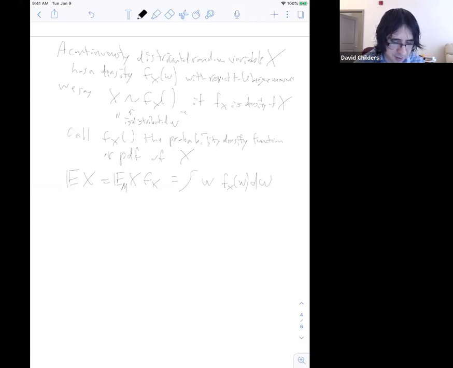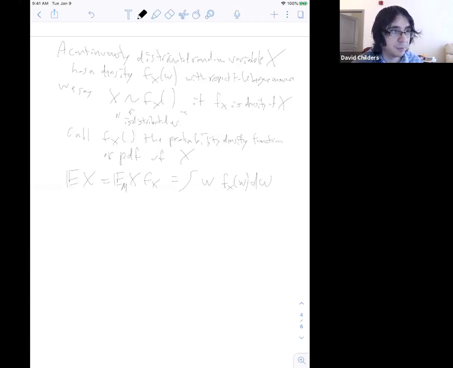So this is X takes on value omega here. So for each value omega, there's a probability mass of f_X right here. So that's the formula.